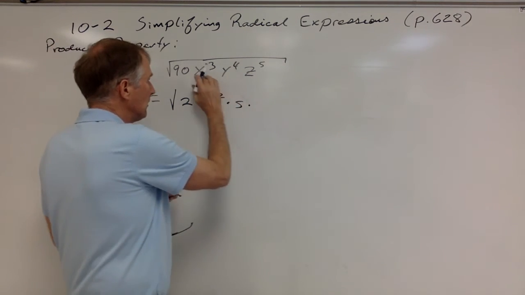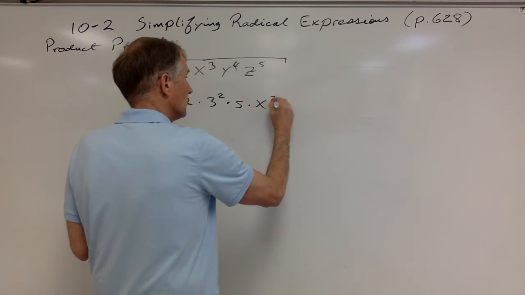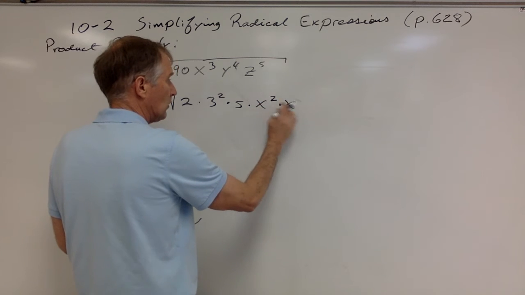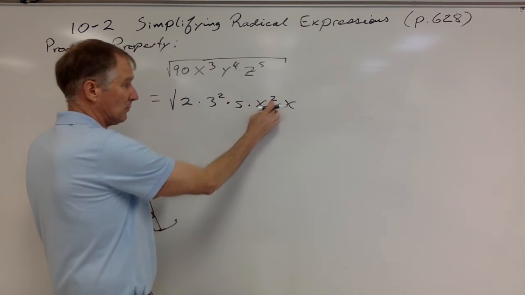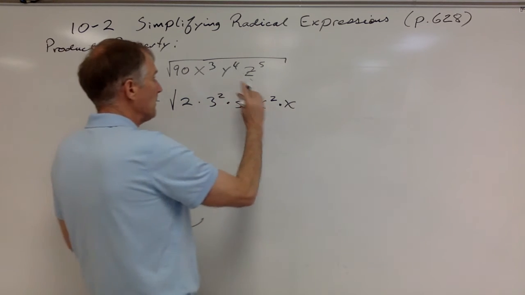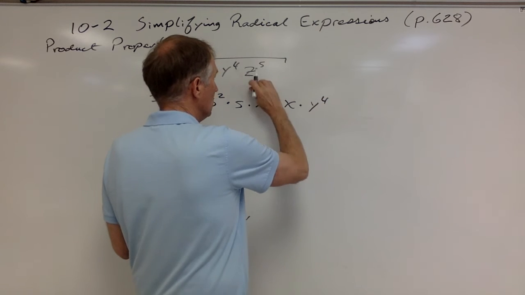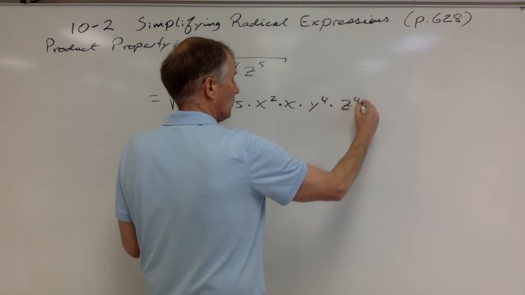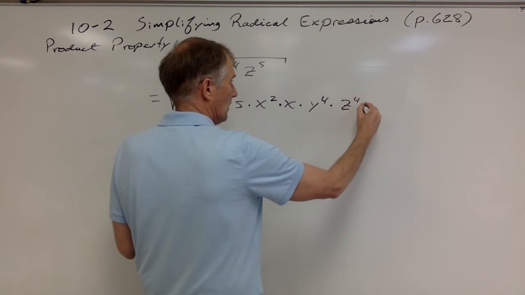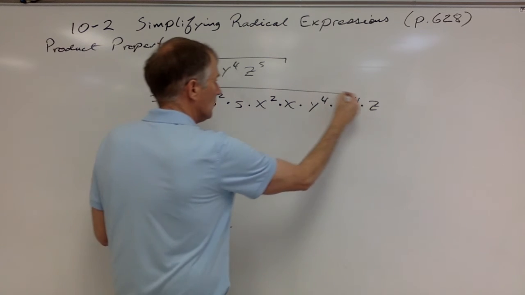I can split x cubed up into the perfect square x squared times x, because x squared times x is x cubed. Y to the 4 is already a perfect square. Z to the 5 is z to the 4, which is a perfect square, z squared times z. This is all under the radical.